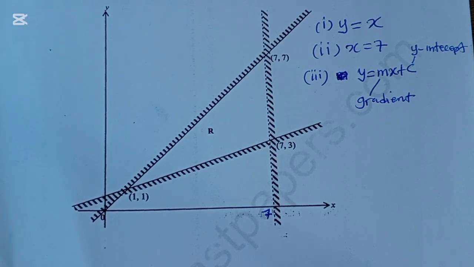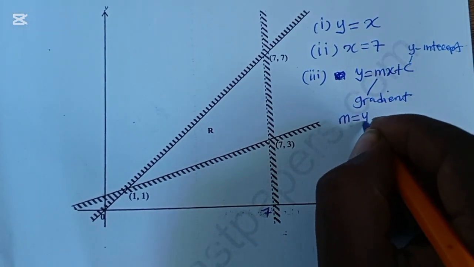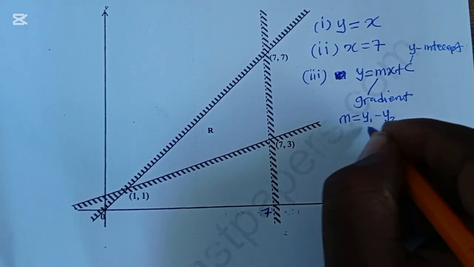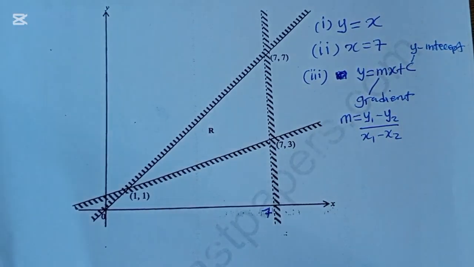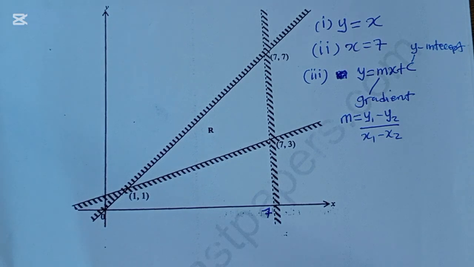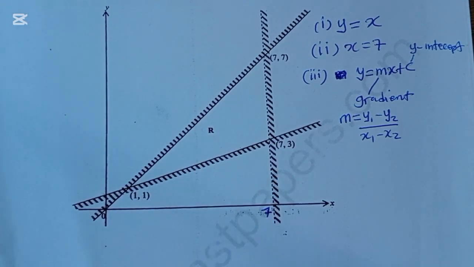So how do we find gradient? So this is the equation. So gradient is y1 minus y2 over x1 minus x2. So this is the equation that we use to find gradient of a straight line. So we've been given two pairs of coordinates in this line. So there is this 1, 1 and there is 7, 3.